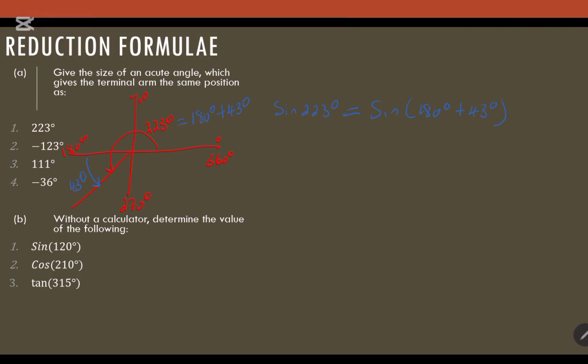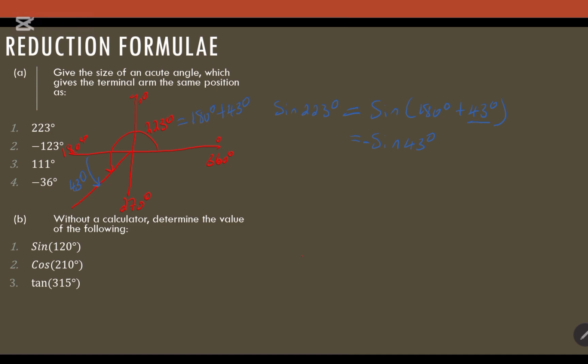Now, this 43 degrees is that acute angle that gives the same position of the terminal arm as angle 223 degrees. What is then important is we need to identify in which quadrant this angle is. This angle is found in quadrant number 3, but we know from our previous lesson that in quadrant number 3, only tangent is positive. Therefore, this equals negative sine 43 degrees. Why? Because in this quadrant, sine is negative.